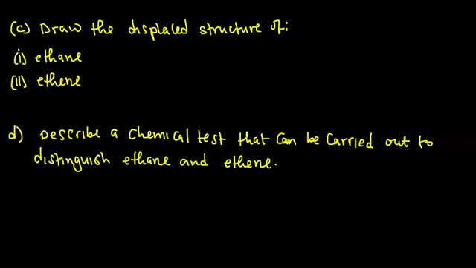Just draw the structure or displayed structure of ethane. So ethane is drawn as this. It has 2 carbons. Then for ethene, it has 2 carbons, a double bond in between, hydrogen, hydrogen there, hydrogen, hydrogen.